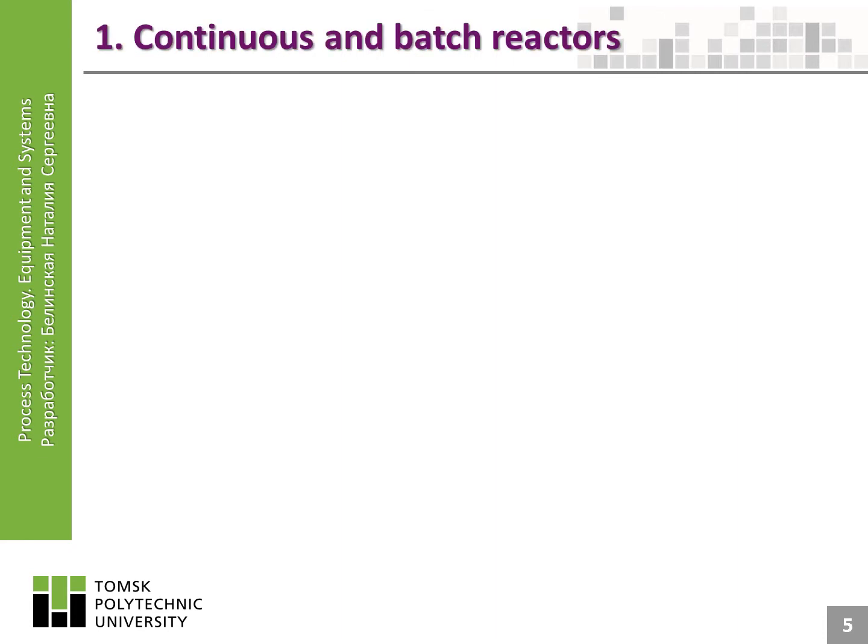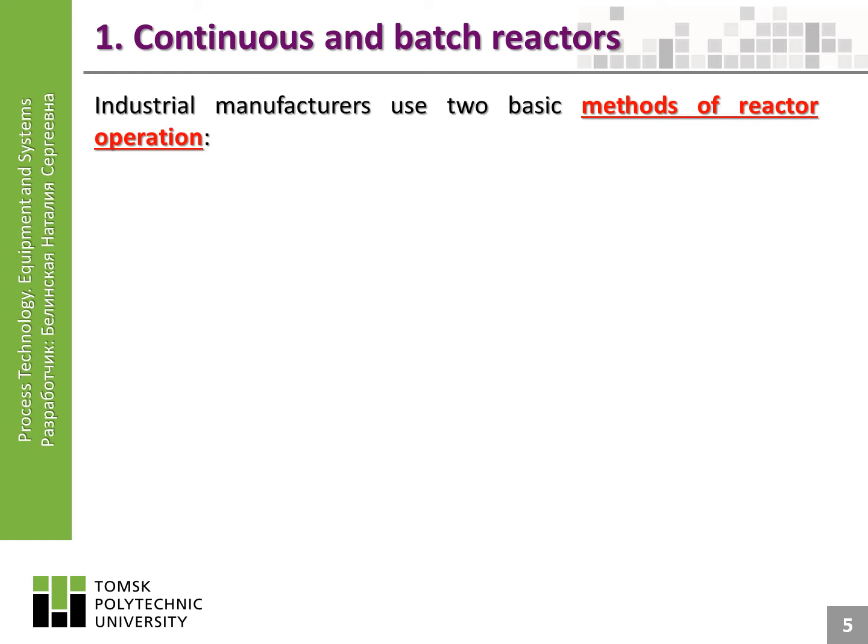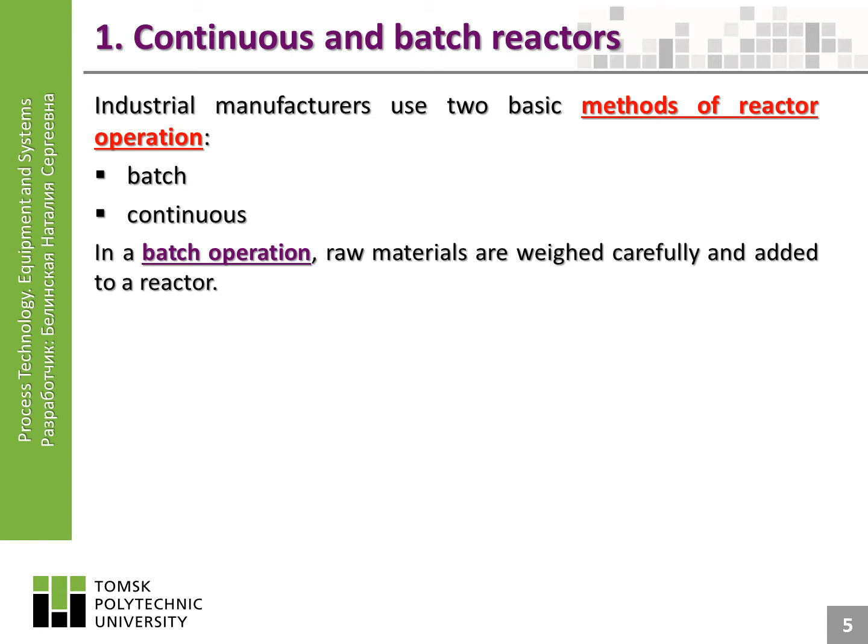Continuous and batch reactors. Industrial manufacturers use 2 basic methods of reactor operation. Batch, continuous. In a batch operation, raw materials are weighed carefully and added to a reactor. The raw materials are mixed and allowed to react.